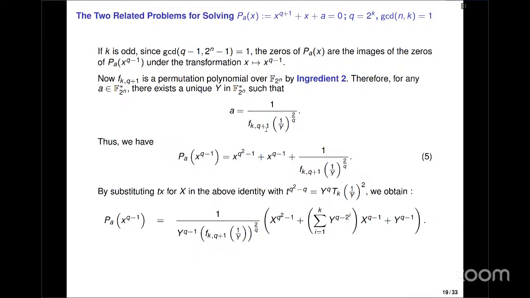So x to the d is a permutation, combined with x. And with this permutation, we change the variable, and for any a this is a unit, so that we have this a equal to this. In terms of the Dickson polynomial, because in this case, for K odd, the Dickson polynomial is a permutation. So there is no solution.